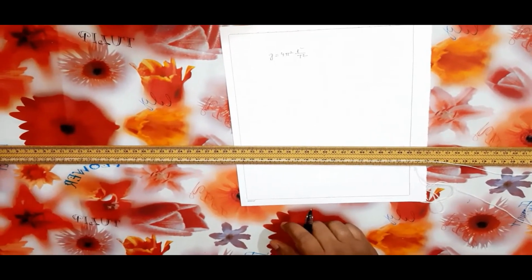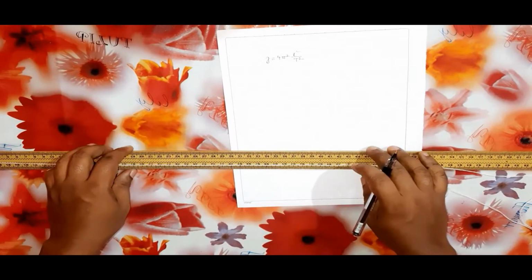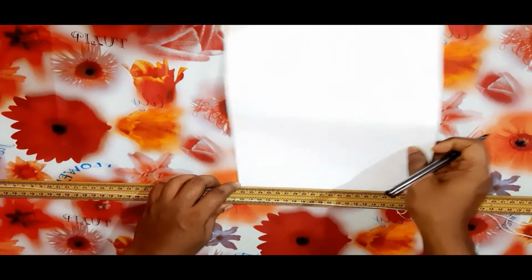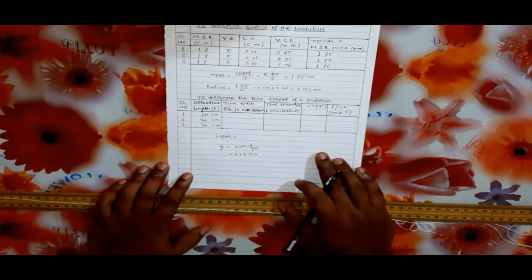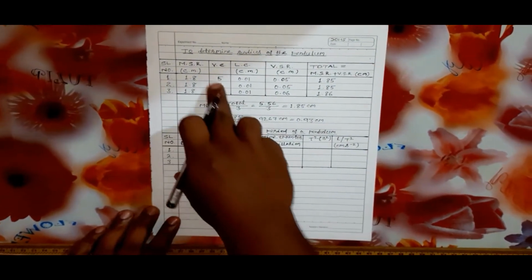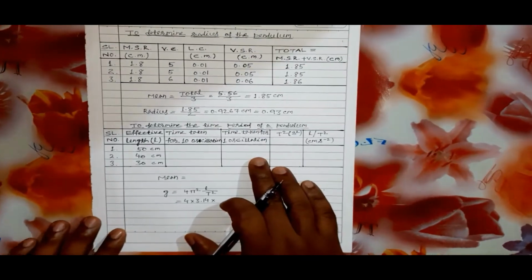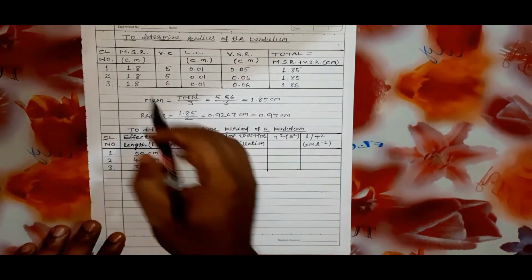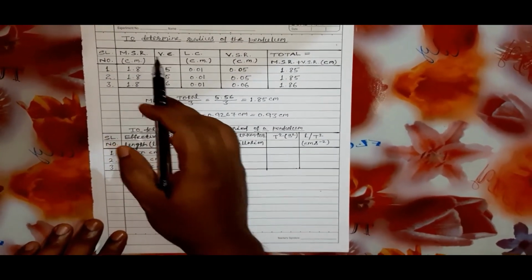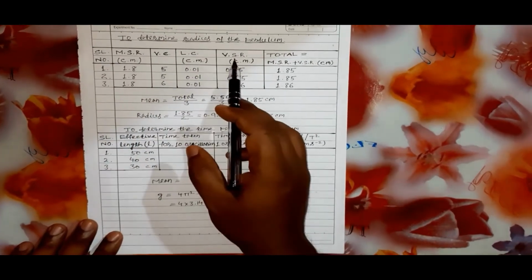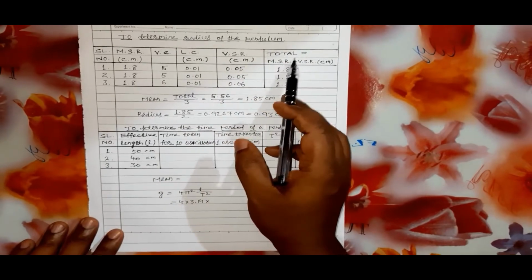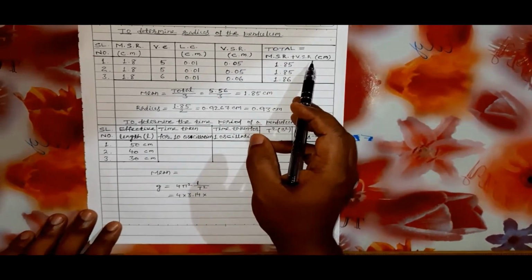To find the radius of the bob, already in the first video I have explained how to find the radius of the bob by using the vernier caliper. So here I have calculated the radius of the bob. First we have to find the MSR, as explained in the first video, then the vernier coincidence, then least count, then vernier scale reading, then total MSR plus BSR in centimeter.